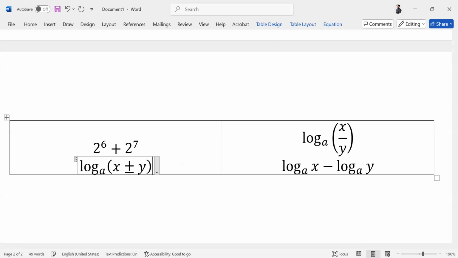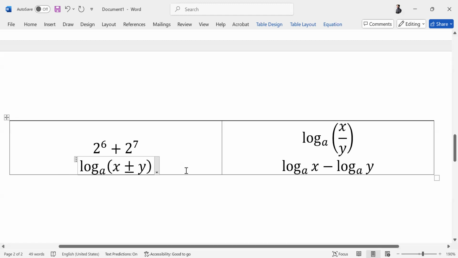लिख लो इसको. Inputs अगर add या subtract हो रहे हों, so then there is no log simplification for this. Is this clear? कुछ नहीं कर सकते.